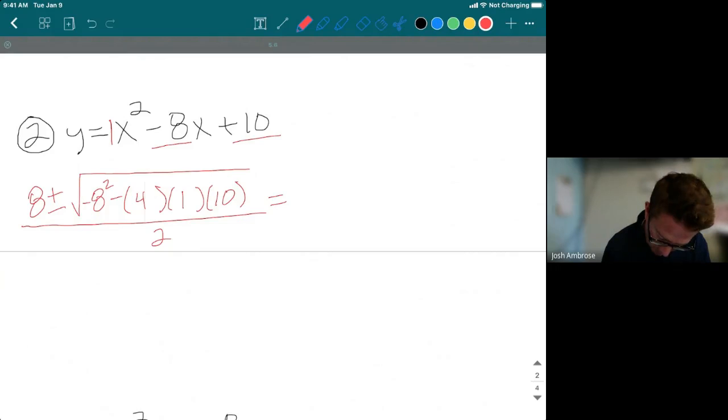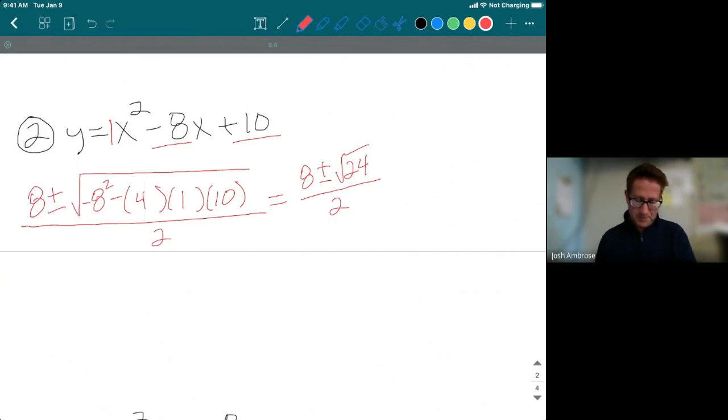So we have 8 plus or minus the square root of 24, all divided by 2. Now the square root of 24, that can go somewhere. We can actually take that square root of 24 and break that down into 2 other possible factors here.